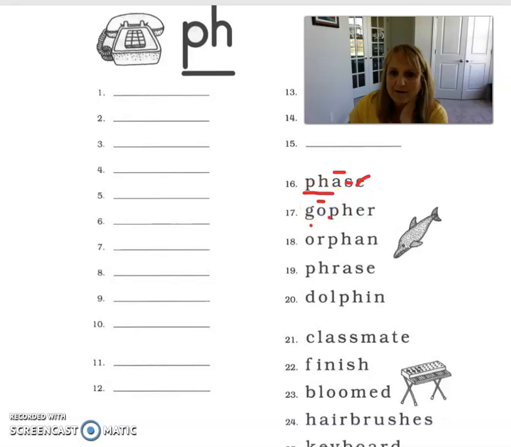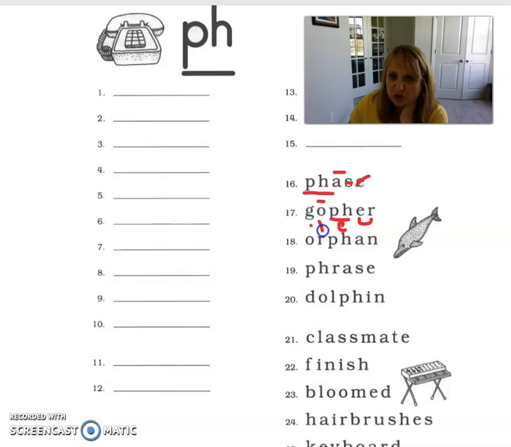Let's try gopher. Did you remember combination ER like butter? Gopher. Now remember our PH, even though it is 2 letters, it only makes one sound. So we're only going to count it as one consonant.